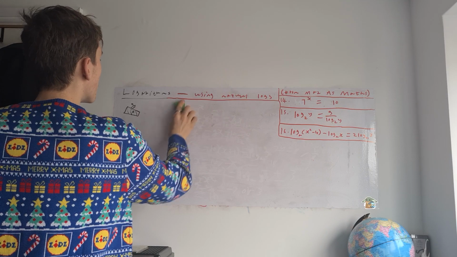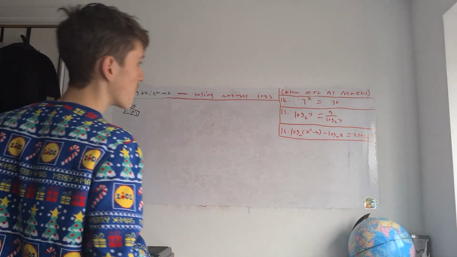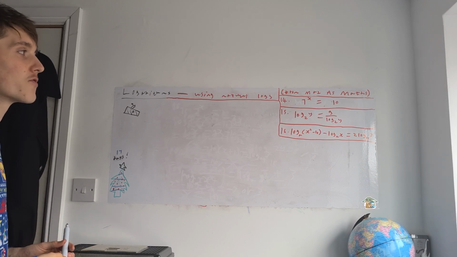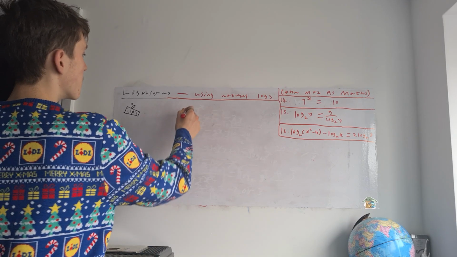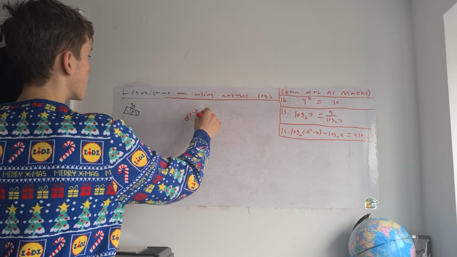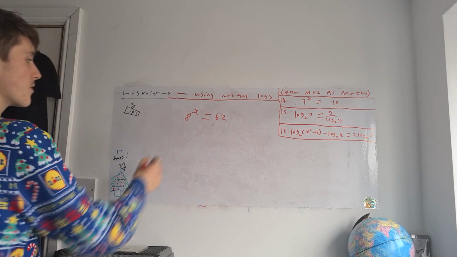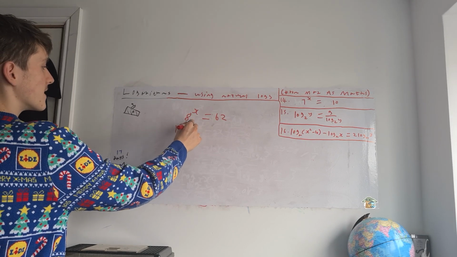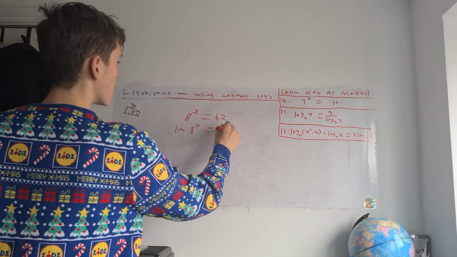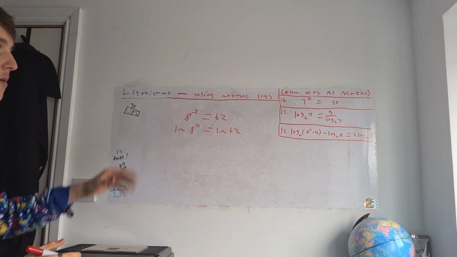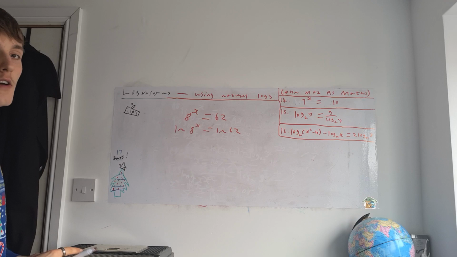But yeah, that's how you solve some more equations, and how you can use natural log. If you have any number, say 8 to the x equals 62, you just go natural log of 8 to the x is equal to the natural log of 62, and then you solve from there, as we saw before with the 7 to the x equals 10.